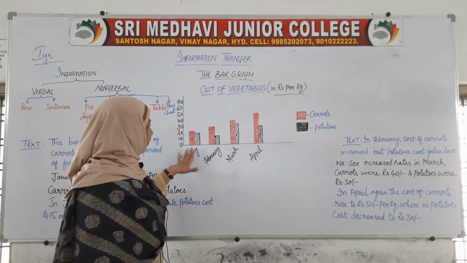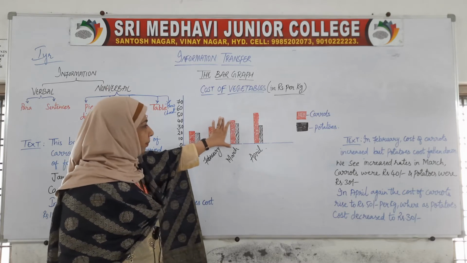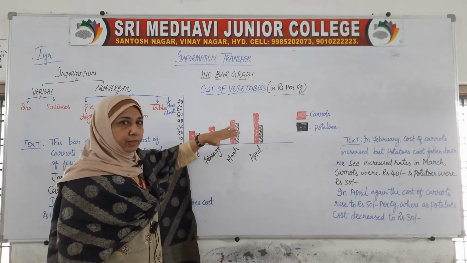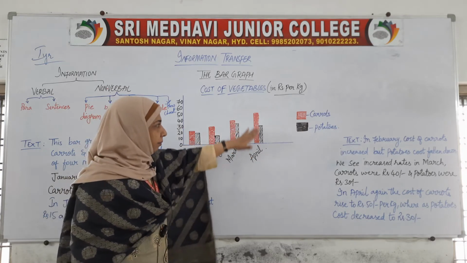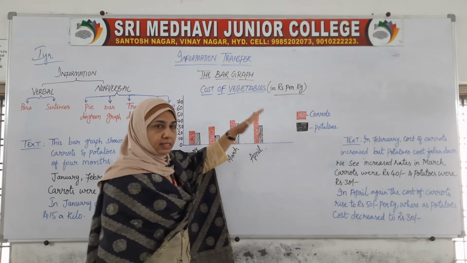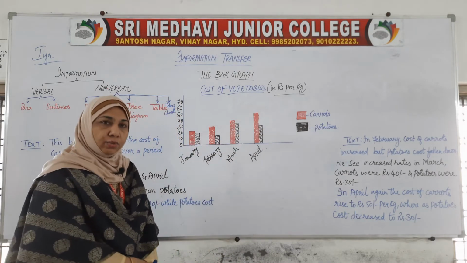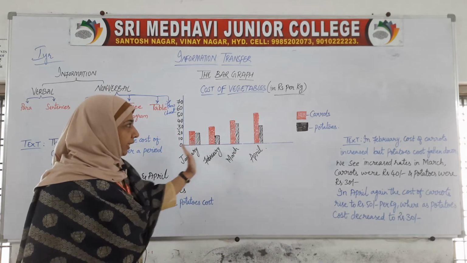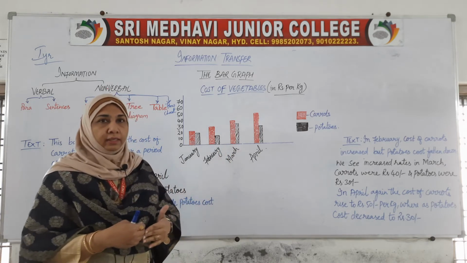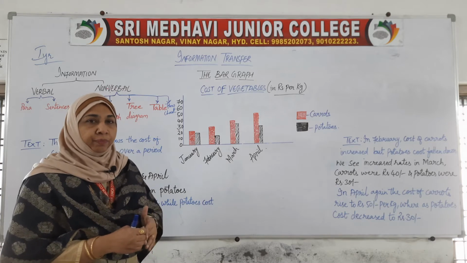Next, in the month of March, both of them are increasing, and in the month of April, one is increased and the other is decreased. When you read the diagram in such a way, then you can write it in the form of a paragraph.